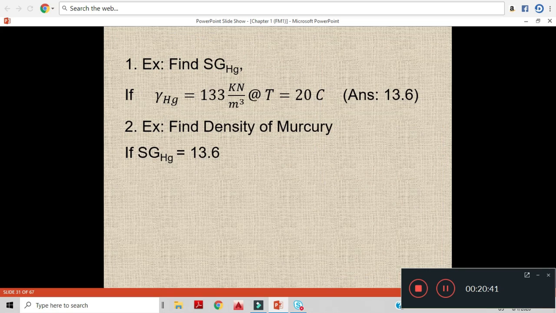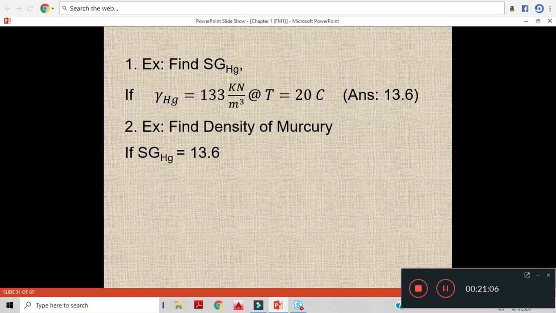Normally in a problem, if the specific gravity is given and to solve the problem you need the density of the fluid, which is not given, you can find out the density by using this technique.